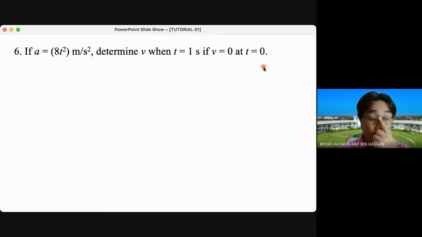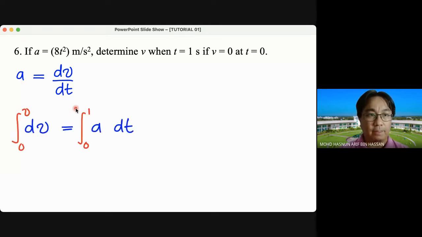Okay, so ini pun sama macam the previous question, where we have A equals to dv over dt, because what we want here is to determine the velocity. So we have to rearrange this equation. Okay, you bring dt to the left hand side, dia akan jadi A dt equals to dv.